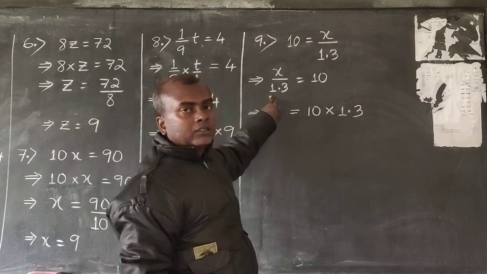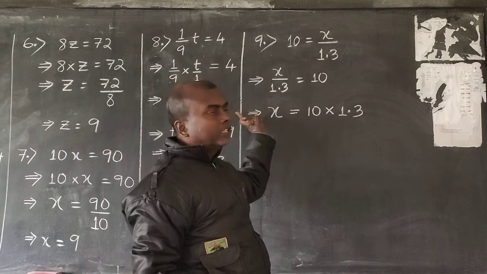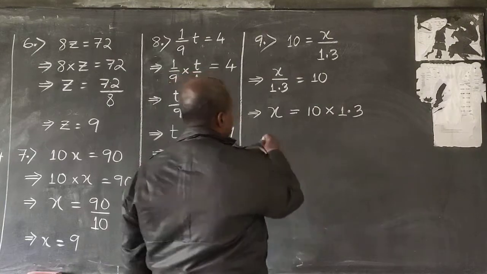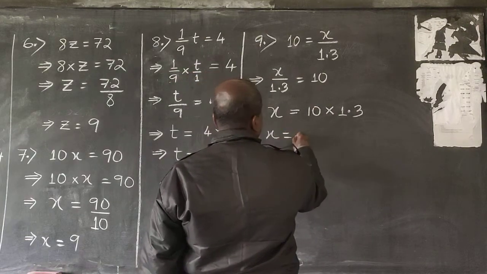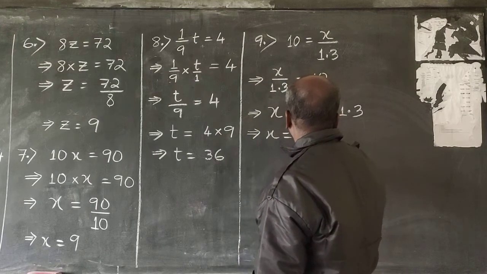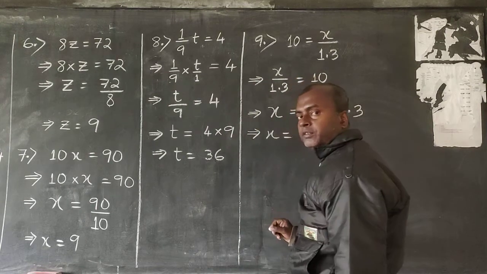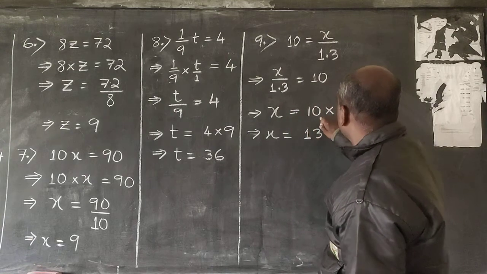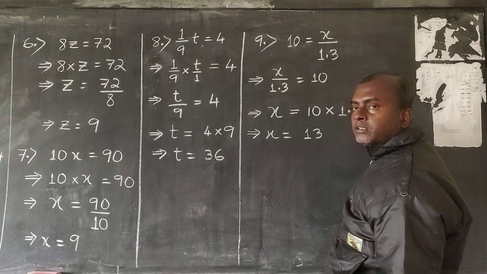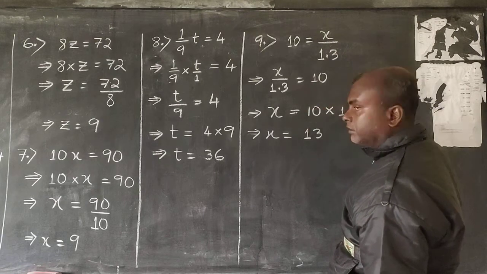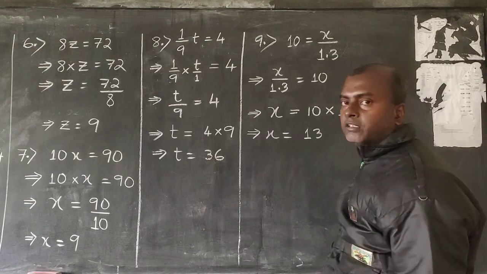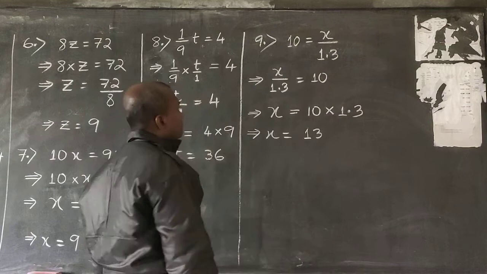We are crossing the position of 1.3 from this side, that is denominator position, to the other side in the numerator position. Now let's solve it. 10 into 1.3 is 13. You can solve it in the rough. Remember, in 10, 1, 0, point will jump one digit on the front side, this side. So when point jumps this side, point comes out and we get 13. So x value is 13.